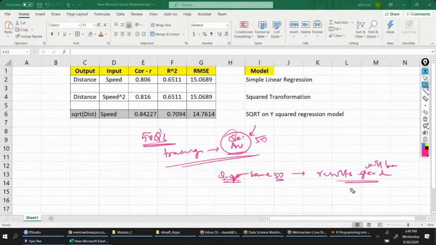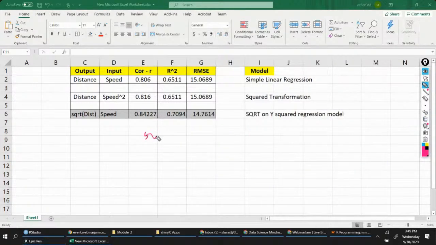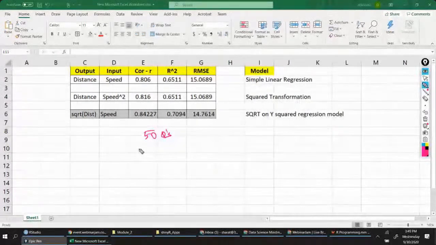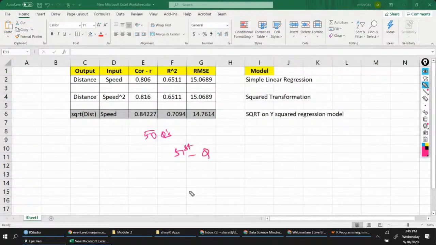Isn't it? If I'm training you on 50 questions and let's say I'm conducting an exam on the same 50 questions, you will obviously give me good results. Isn't it? But what is the guarantee that the student who has got good marks on this quiz is going to answer the questions pertaining to the same subject, but you don't know the answers of it? So let's say I'm bringing a new question, 51st question.